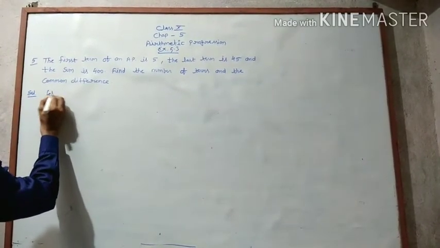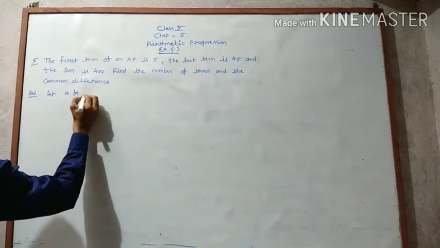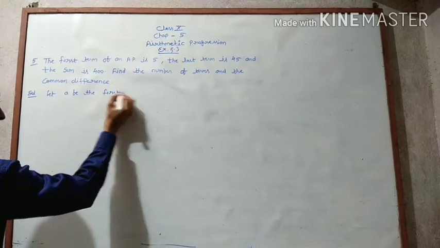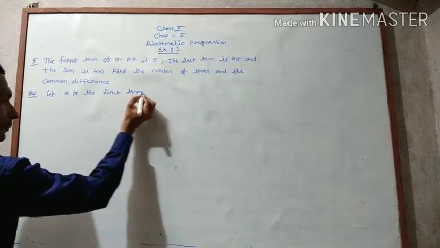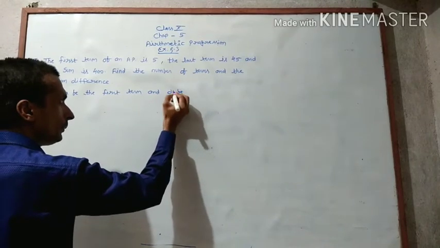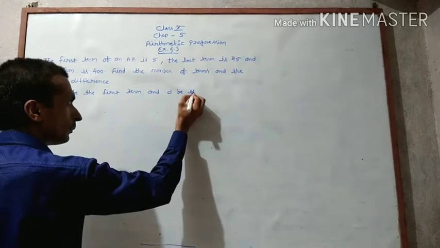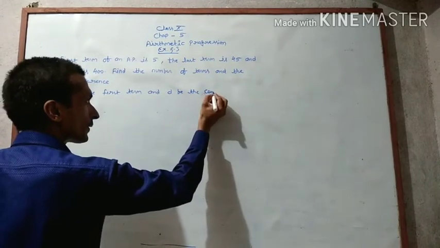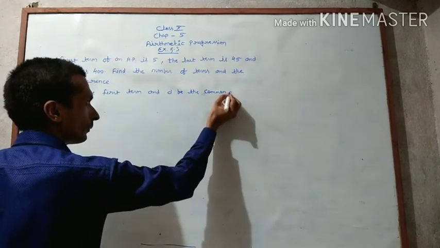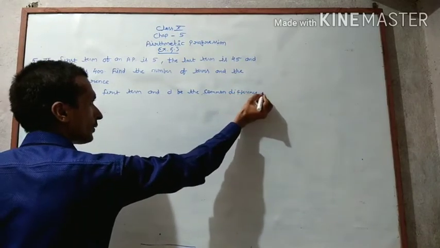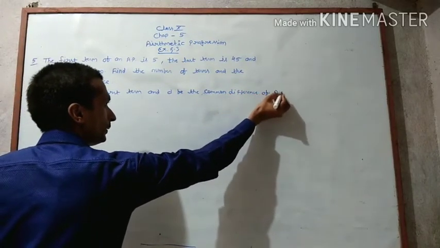Let A be the first term and D be the common difference of AP.